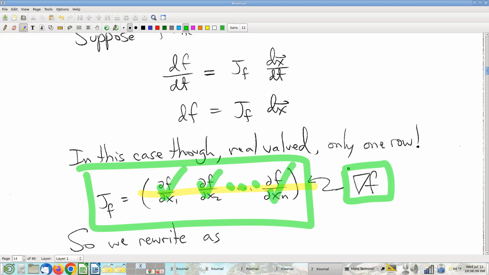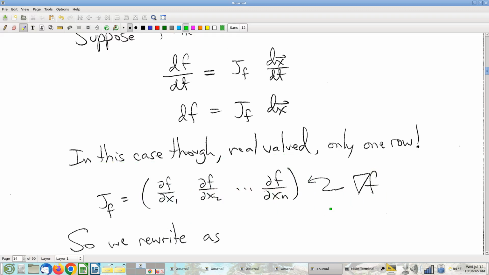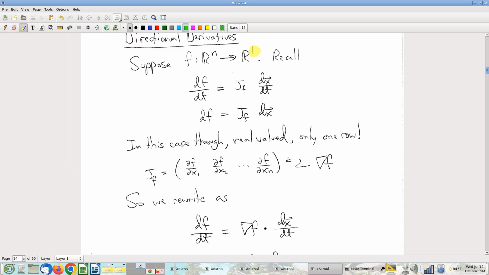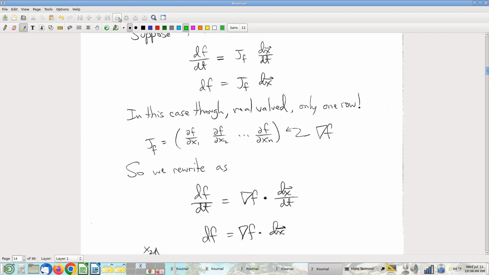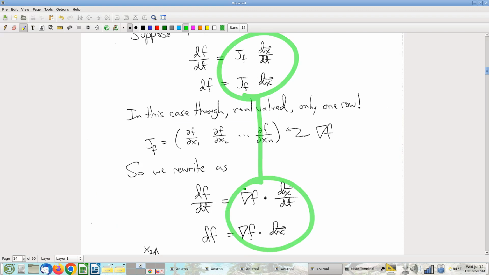Does that make sense to everybody? So that's kind of neato. And that means that I can take these equations up here and rewrite them as statements about dot products. Matrix multiplication, when you have a single row, and remember how you multiply a matrix times a vector, you take dot products of the rows with the column.